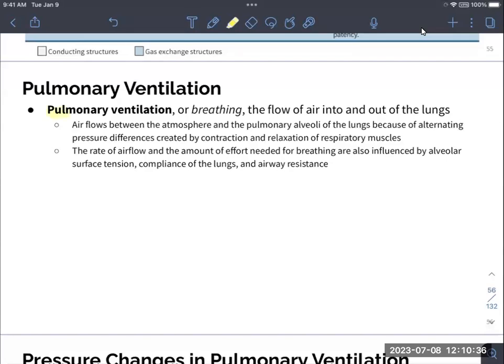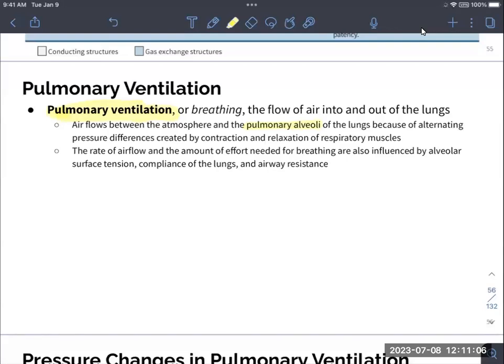So, pulmonary ventilation. That is another term that we use for breathing, and that is air that moves in and out of the lungs. Air that we breathe in goes all the way down to those pulmonary alveoli, and it's because of pressure changes.